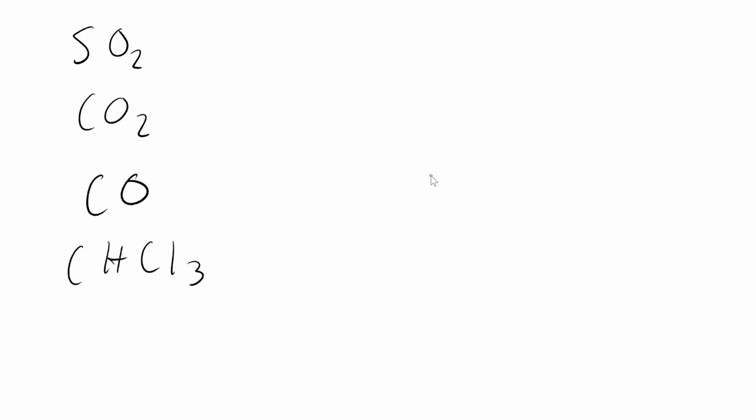So which one of these molecules does not have a dipole moment? Which one has zero dipole moment? First, I like doing the simplest one first. I like doing C, which has a hydrogen and 3 chlorines. Chlorine is more electronegative than carbon, so we're going to have a dipole moment right there, a dipole moment right here, and also a dipole moment over here.